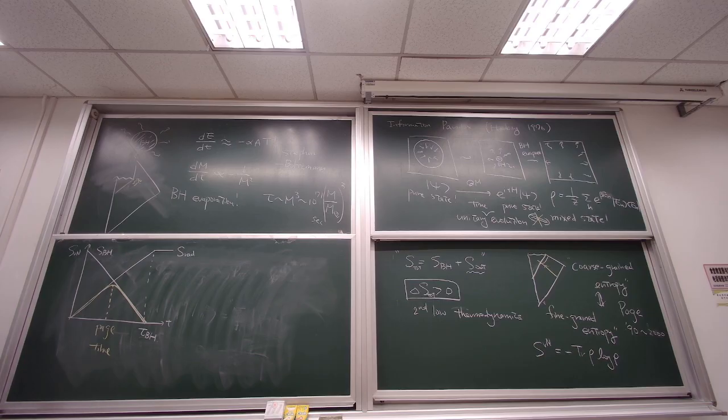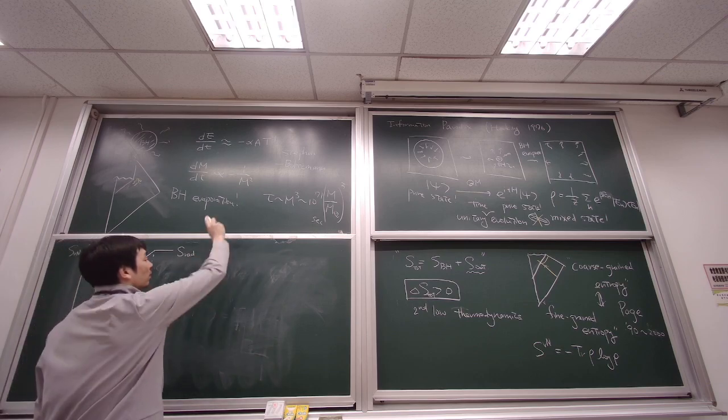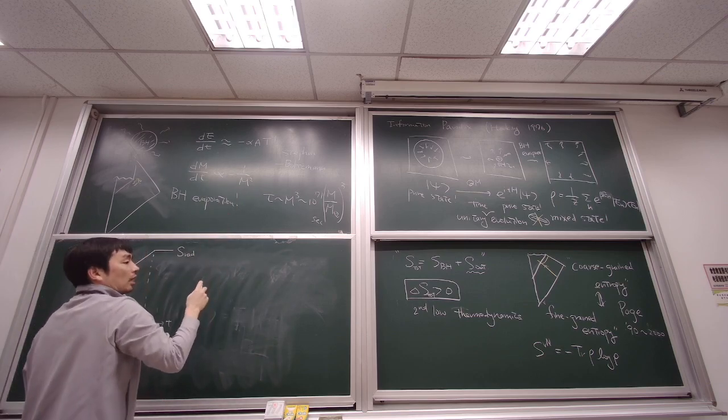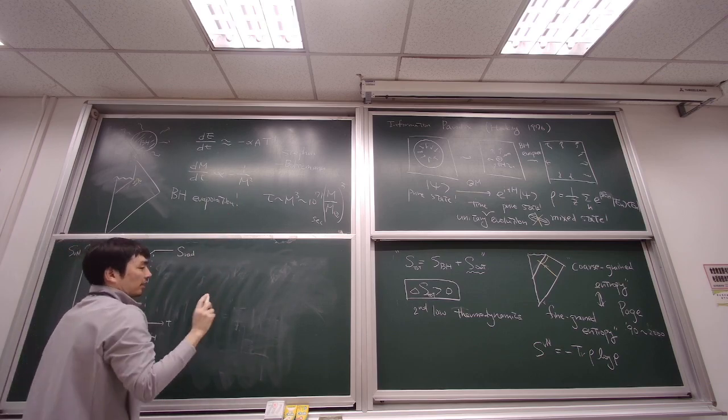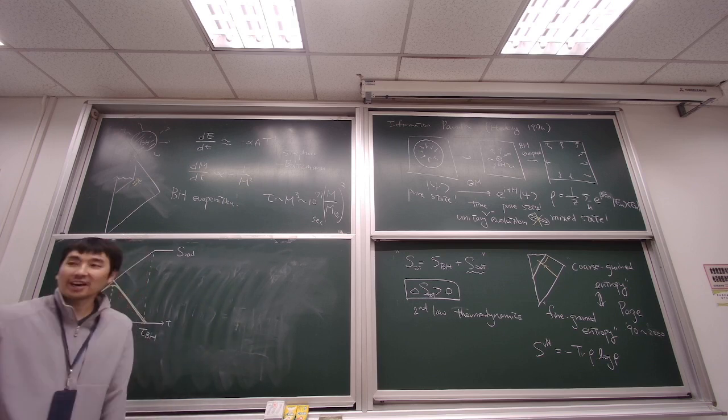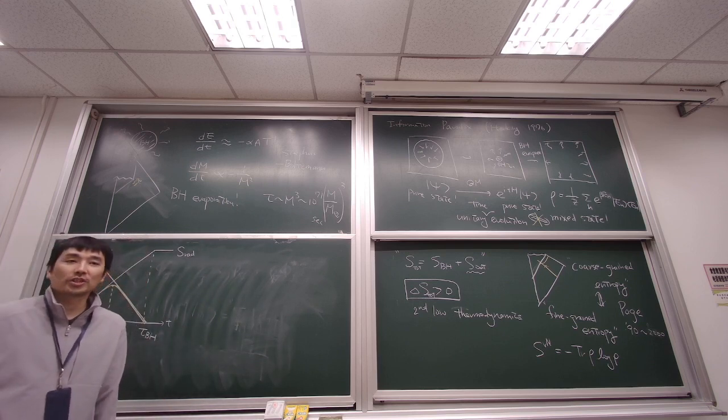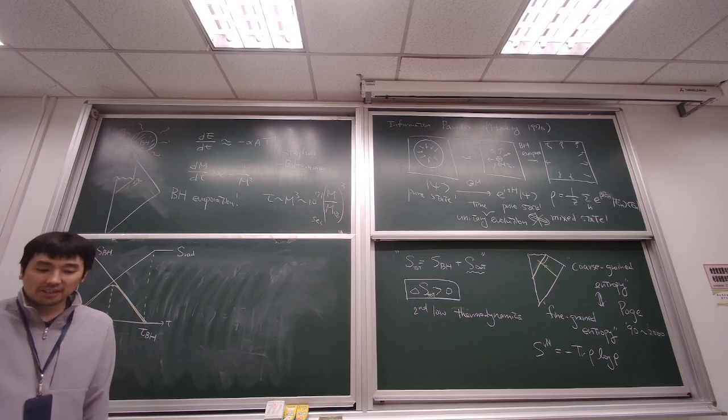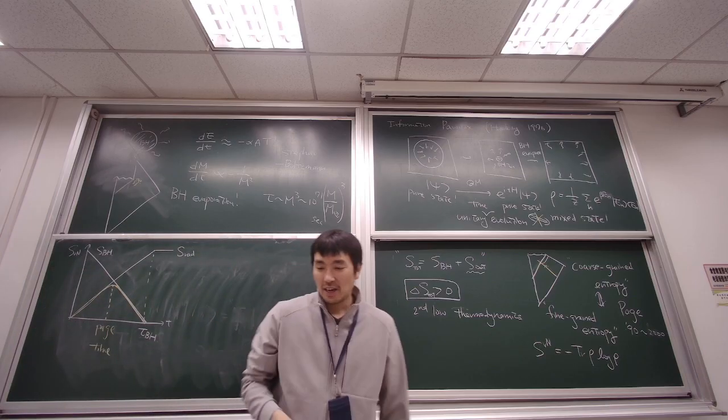So this is a more refined version of the information paradox proposed by Page. Many people mention this, for instance Andy Strominger at Harvard, a super expert on black holes.